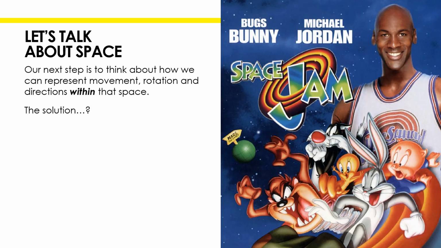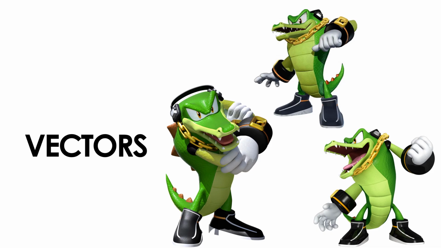Let's talk about space. Our next step is to think about how we can represent movement, rotation, directions, scaling, any operation that we might want to do within a spatial frame of reference, how we can represent that within a space. Our main solution for this is to use vectors.